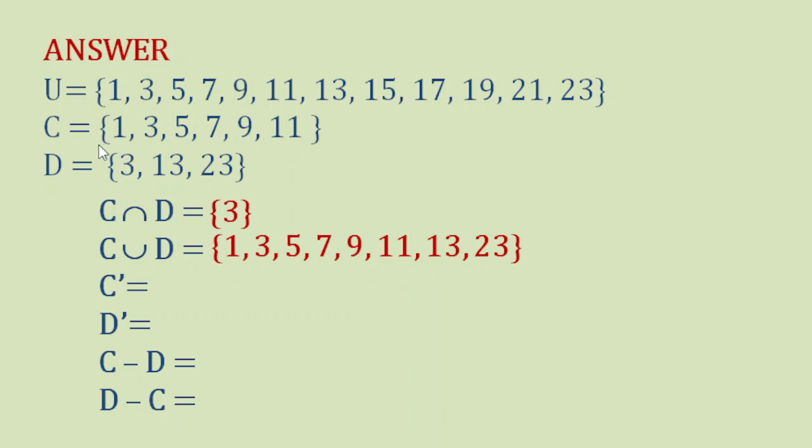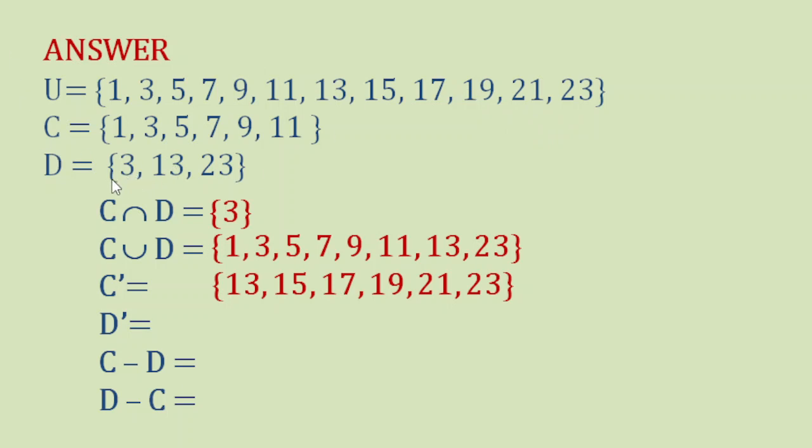C prime. These are the elements of C: 1, 3, 5, 7, 9, 11. Remove them from U. So what will remain will be our C prime. That's 13, 15, 17, 19, 21, and 23.